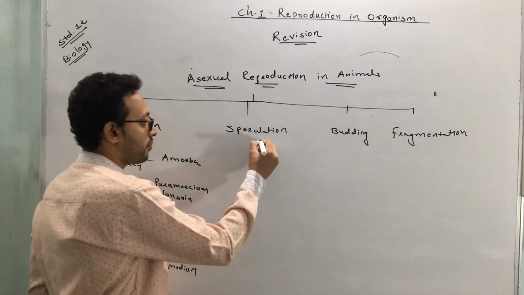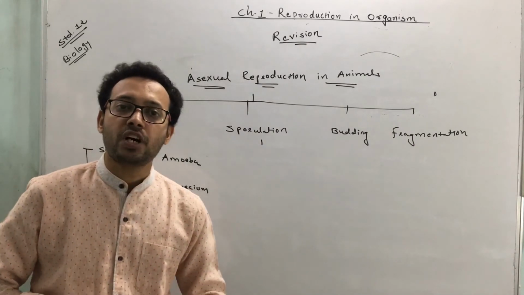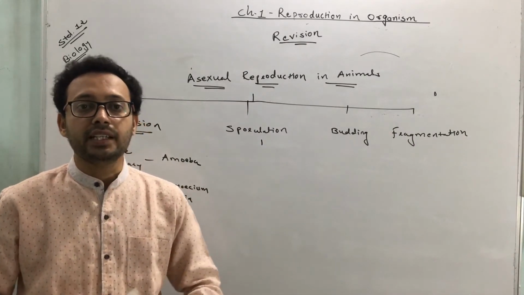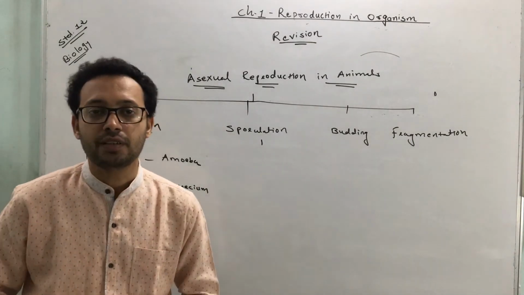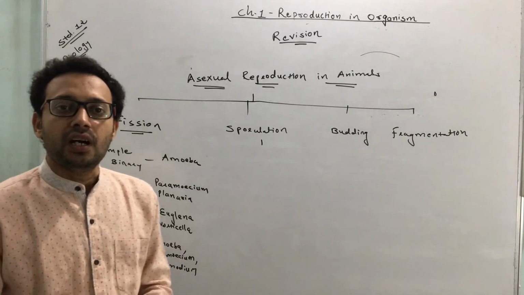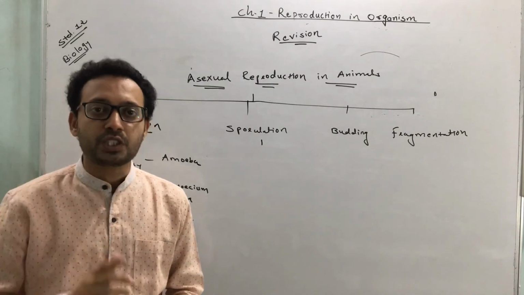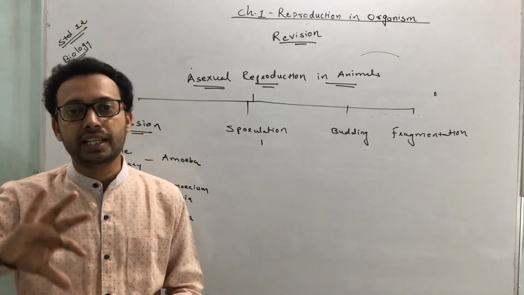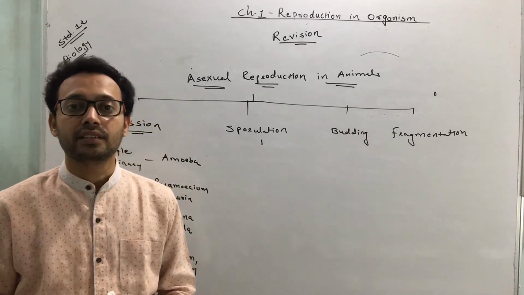Now sporulation. What is sporulation? When an unfavorable condition is provided to a living organism, it undergoes a special mode of reproduction called sporulation, meaning a formation of spores occurs. Let's take the example of amoeba. When an unfavorable condition is provided to amoeba, the finger-like projections present on its surface get shed off, and three layers develop around it.